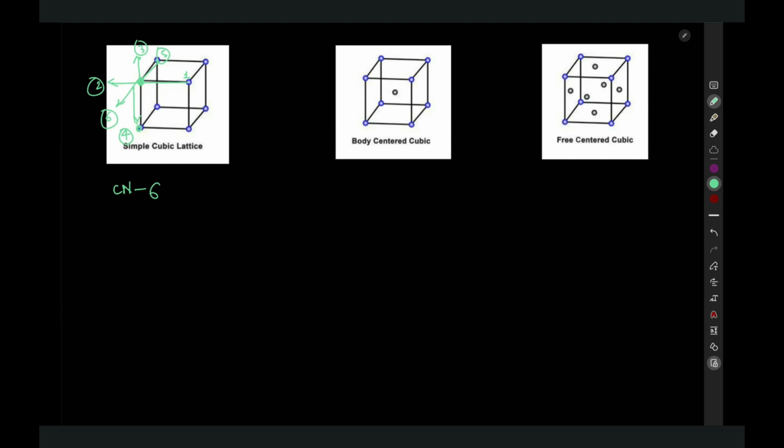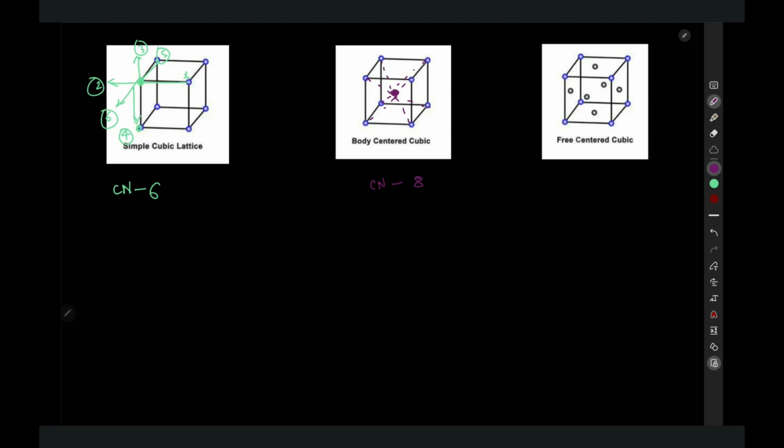For body centered cubic crystal structure, suppose that this is the central atom. We know that in body center the atoms are touching along the body diagonal. So this atom will touch all the atoms present here because all these are body diagonals. So the coordination number of body centered is 8 because of 8 corner atoms.